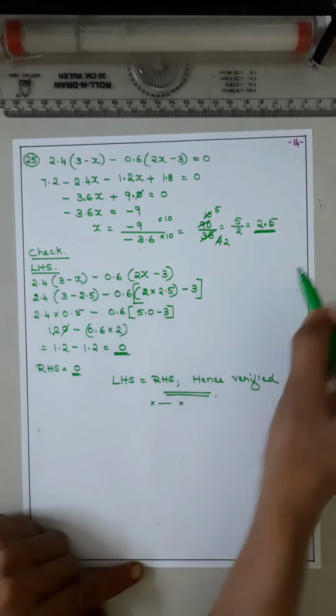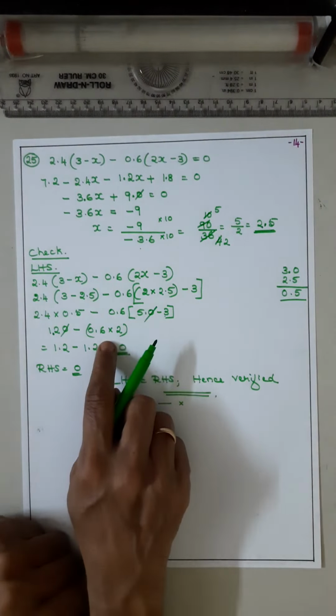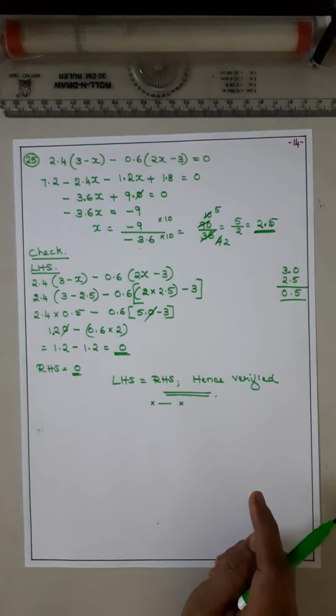Here you get 0.6, 25 2s are 50, or 1 decimal, minus 3. So this will be 5 4s are 20, 2 in hand, 5 2s are 10, 12. So 1, 2, decimal. So that 0 gets cancelled, it becomes 1.2 minus 0.6, 5 minus, this 0 also gets cancelled, 5 minus 3 is 2. So 0.6 into 2 will be 1.2. So 1.2 minus 1.2 is 0.